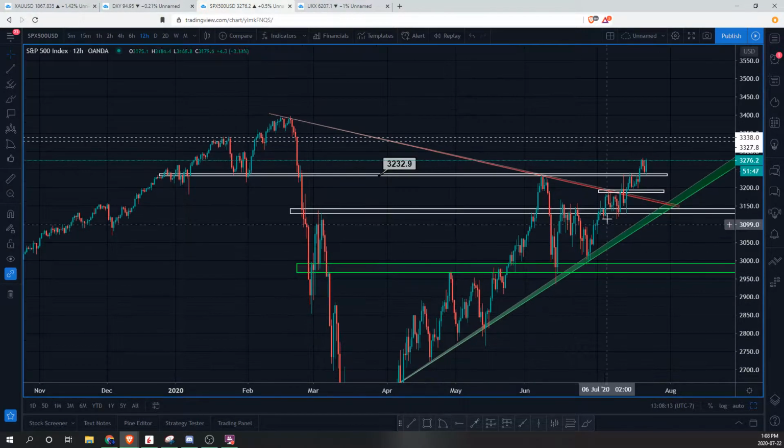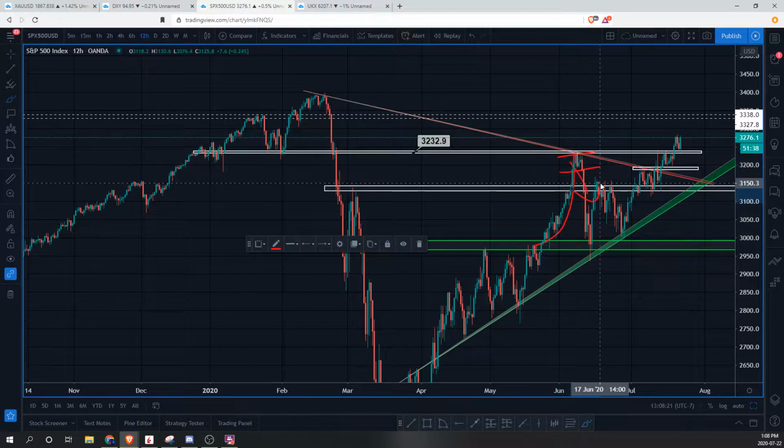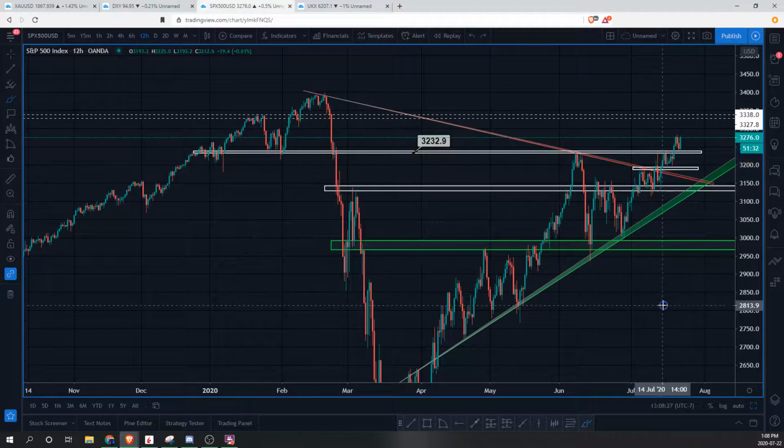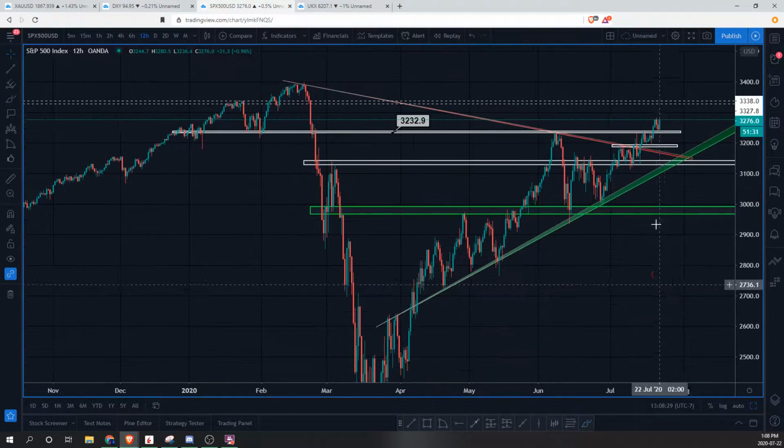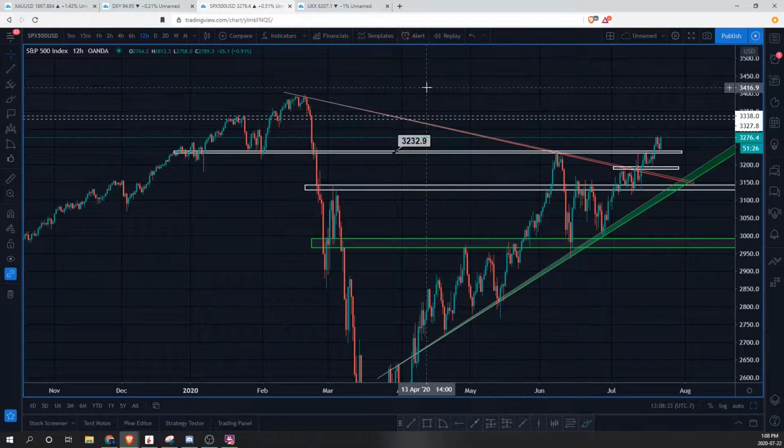Because it does look like we are moving, and we can see the last time when we do get these moves, we go parabolic, and then there's some consolidation, and then a correction inevitably, and then we're seeing kind of a similar thing where we're increasing the speed of the higher highs and higher lows, really showing the bullishness in the risk on assets like the S&P 500.